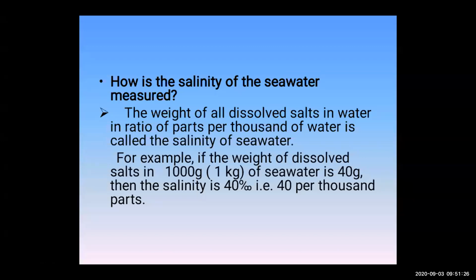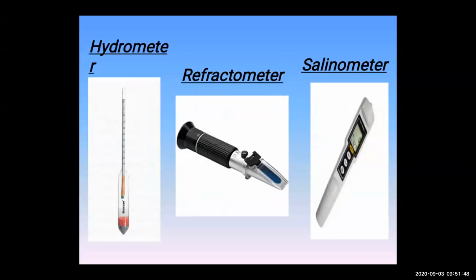Then that remaining salt is measured in grams. This is how the salinity of seawater is measured. I'll repeat. When the water is evaporated, only the salt is left. The remaining salt is counted, measured in grams. It is usually measured with salt in grams, that is g, and seawater in kgs.